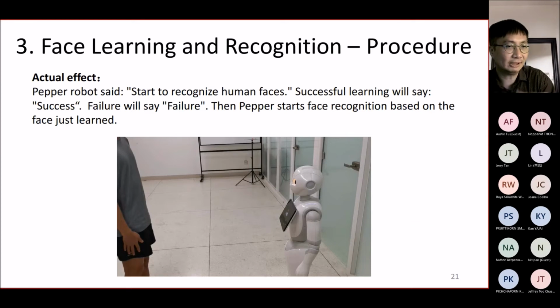Then Pepper will start to do the face recognition, and based on the face just learned, Pepper will tell the name, whether it's this person Austin or this person Jeffrey, and so on, right? Okay, so that is the explanation on this part, and also the example that we provide to you from our GitHub.